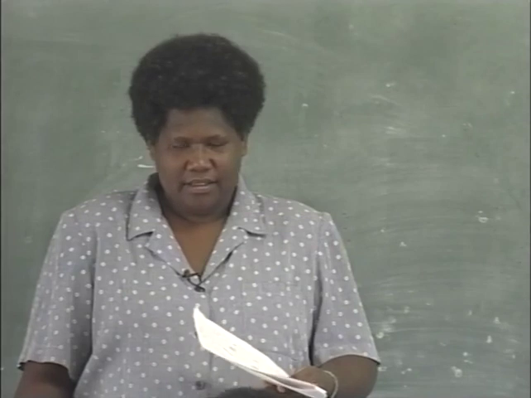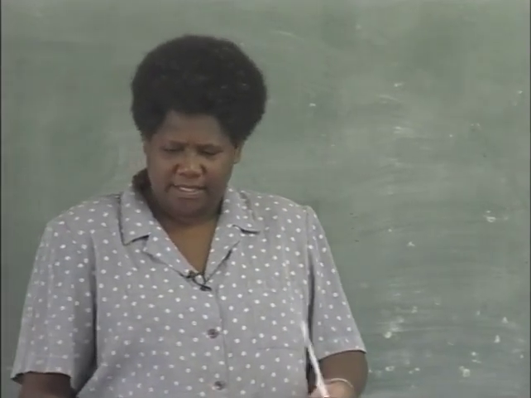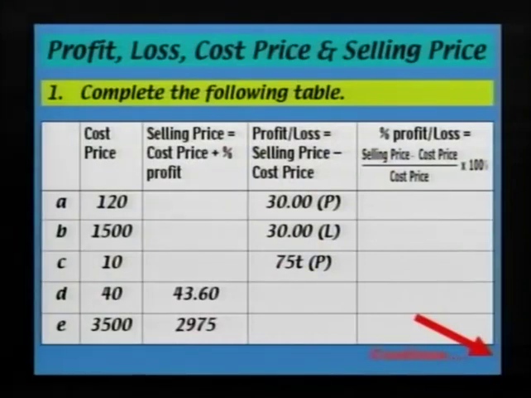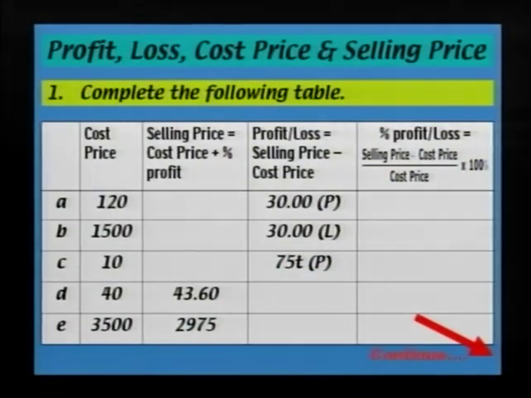Cost price is 10 kina, selling price is 10 kina 75 toya. You must have written the wrong one. And then the percentage profit is 7.5.